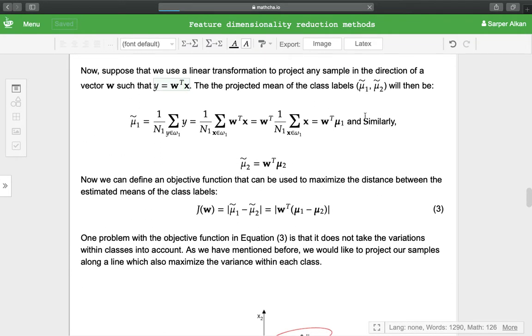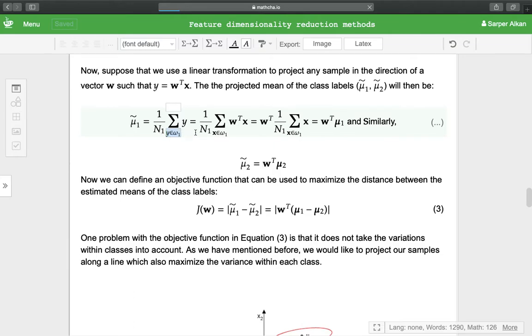So the projected means of the class labels, mu1 tilde and mu2 tilde, will be the average of y, the projected points that belong to the first class, and similarly for mu2 tilde.